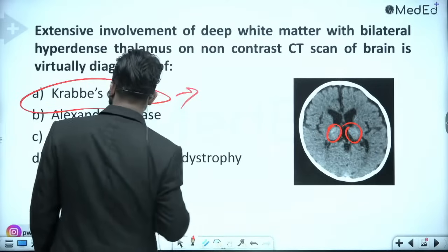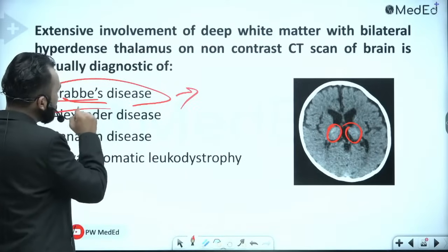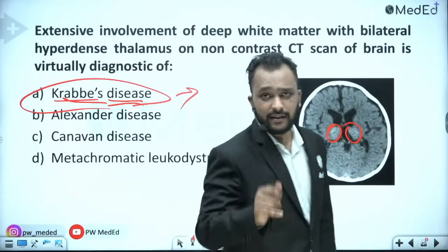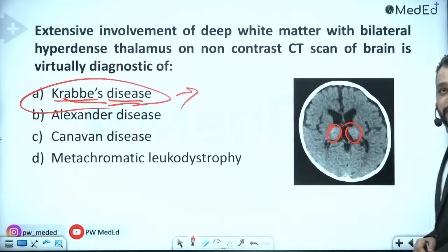So remember your biochemistry also. What is deficient in Krabbe disease? Anyone, guys? Your biochemistry must be better than mine. It is due to the deficiency of galactosylceramidase enzyme.